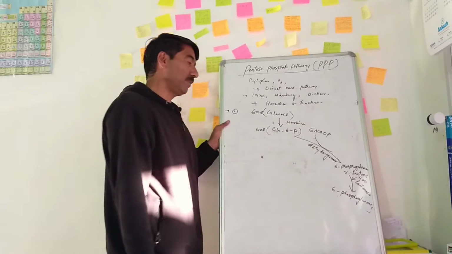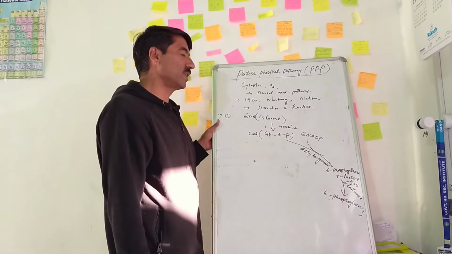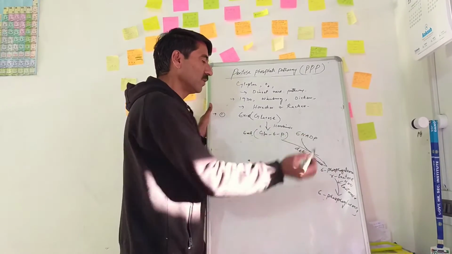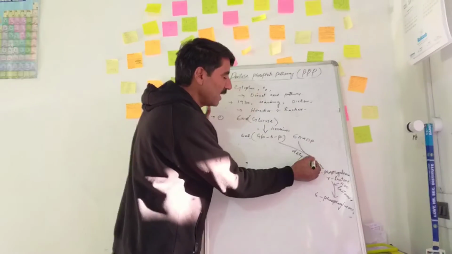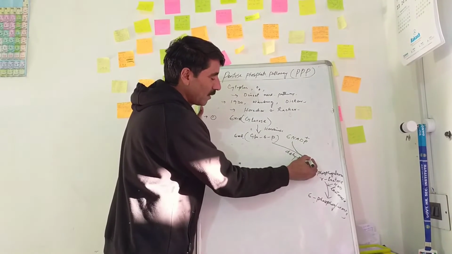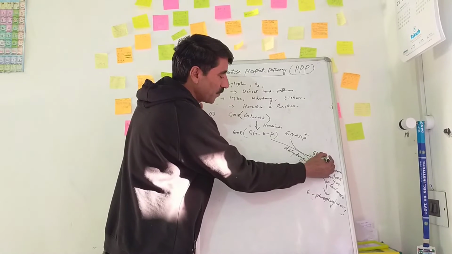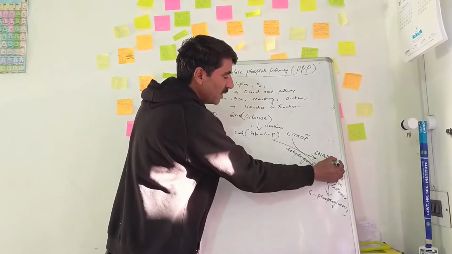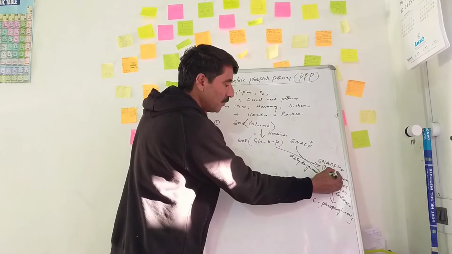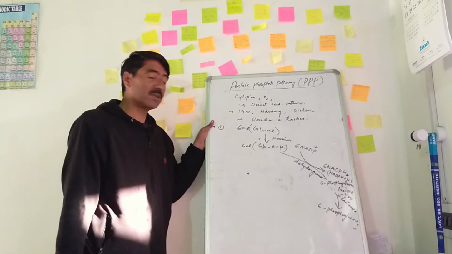Remember, here NADP is used, whereas while we were discussing the Krebs cycle, we used NAD positive, which is another coenzyme. Now this NADP positive, oxidized, gets reduced to NADPH2. Simply we will call it NADPH2, but actually it is NADPH plus H positive, which we have earlier discussed.